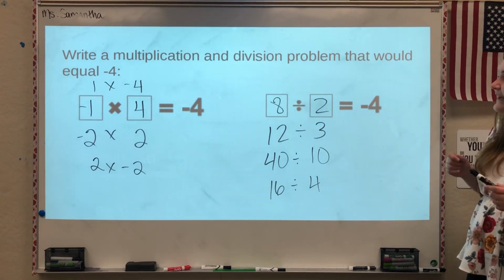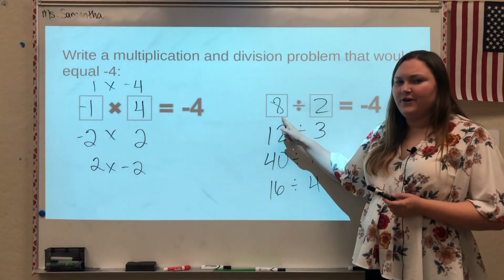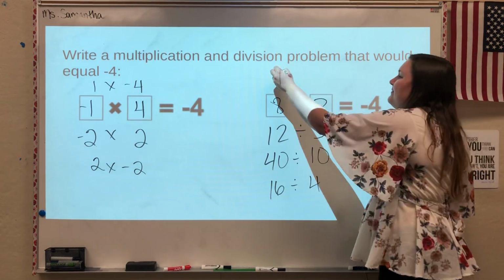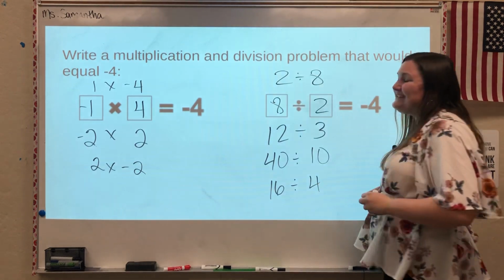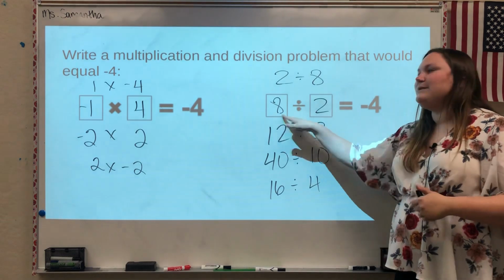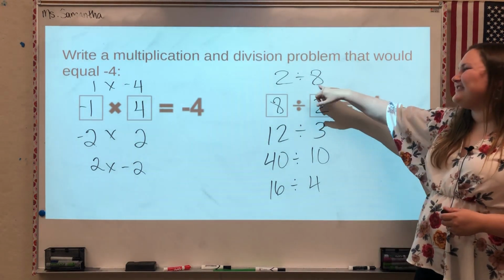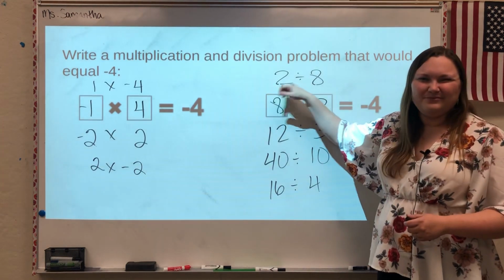What I would point out is make sure here you have the larger number first. On the homework, I saw some 2 divided by 8s or something similar to that. This and this do not mean the same thing. This here, we would be asking ourselves how many 8s go into 2, and it doesn't.